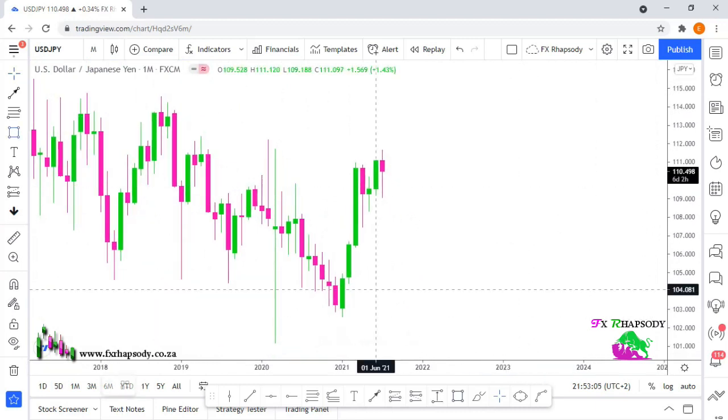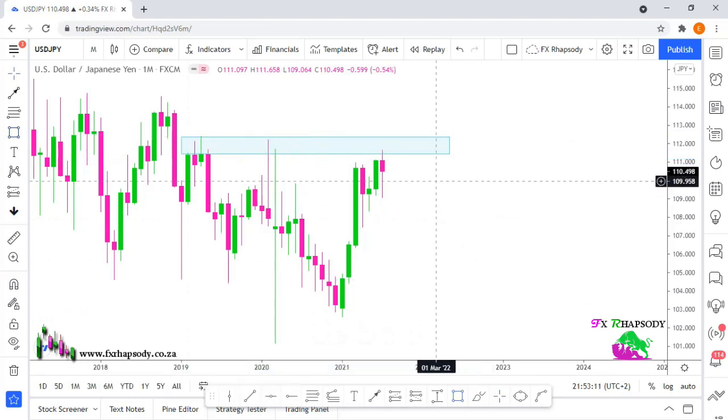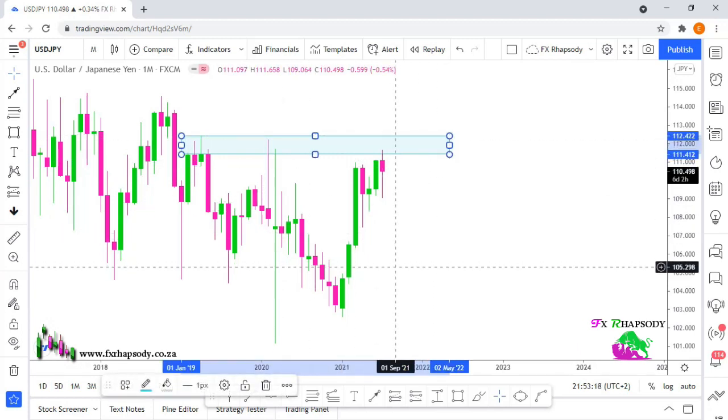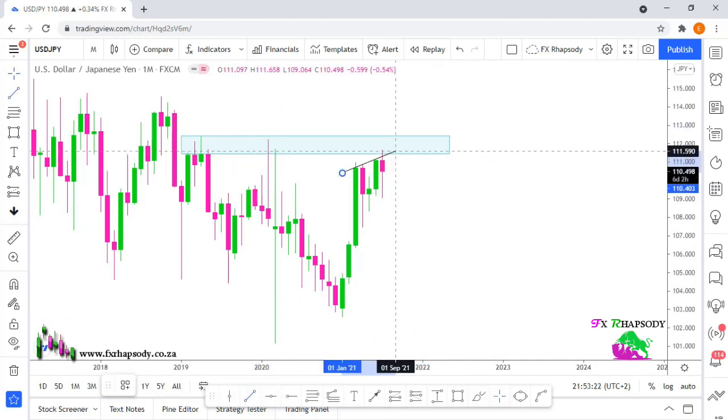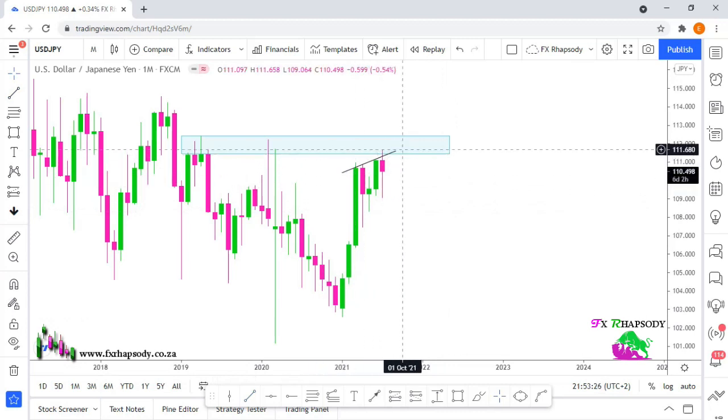So we can see this big area of supply, the supply zone that's at the top. This is a very big area of supply. So we can see that price is moving into that area, this small little trend line. So price is slowly starting to come into the supply area over here.